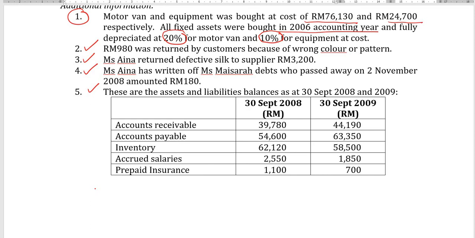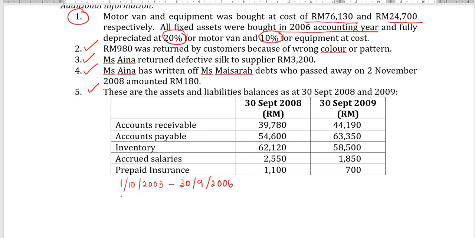Okay, so account tu habis tutup setiap 30 September 2008. Okay, so that means account ni start daripada 1 hari bulan 10 2005 hingga 30 hari bulan 9 2006.